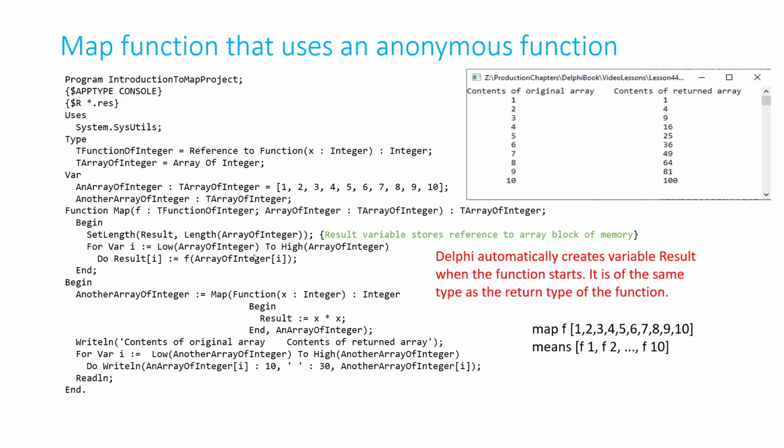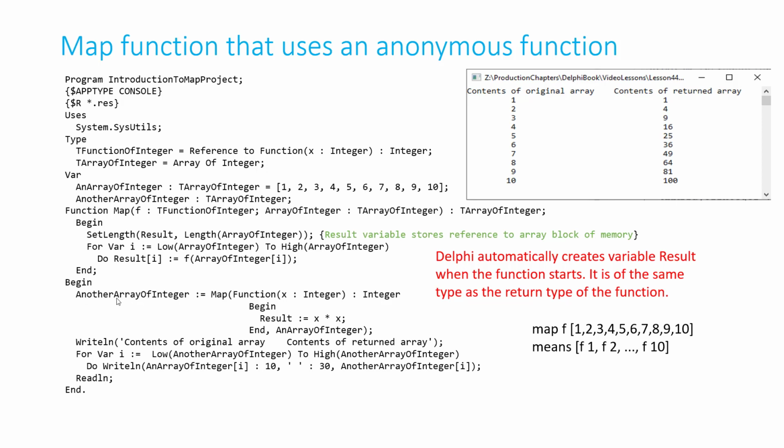So after doing the iteration over the array that's passed to this map function, we should end up in this result array with the square of each integer value passed into the function in array of integer. So we assign the result returned by map to another array of integer. Now we haven't dynamically sized this array.